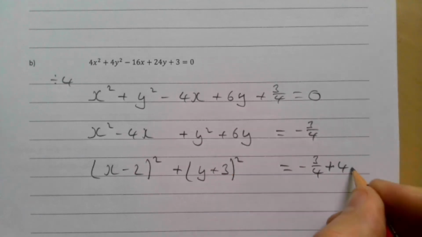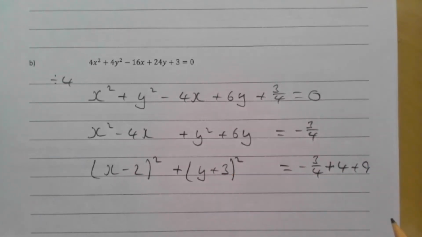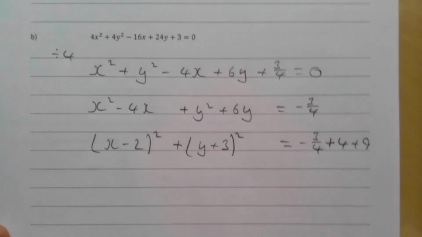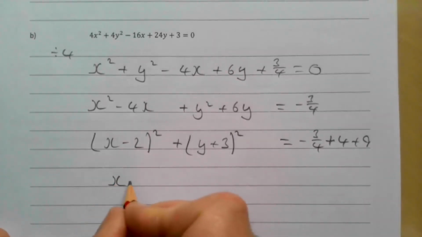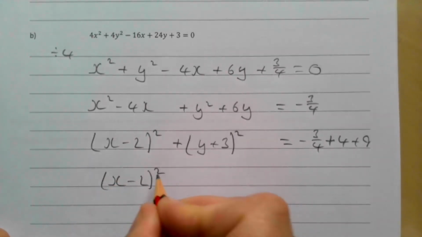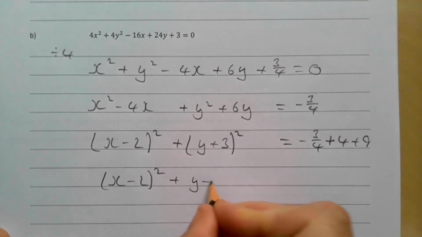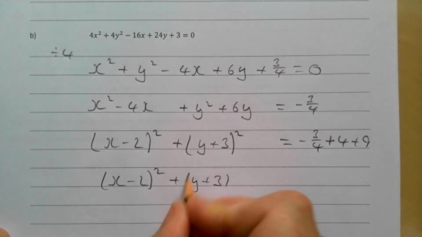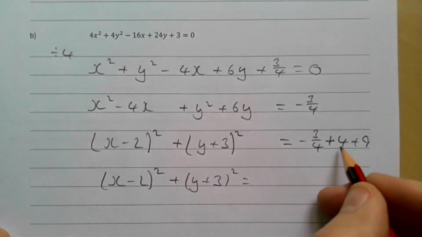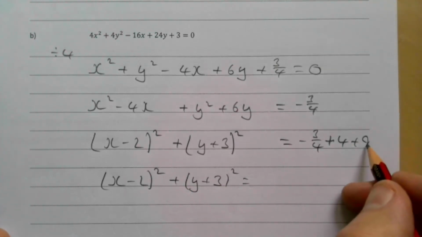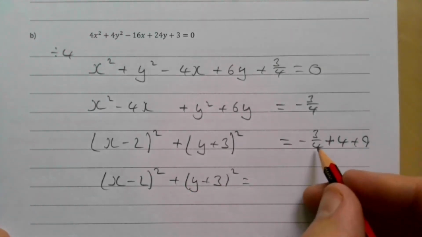This gives me an extra 9, so I need an extra 9 on this side. Tidying it up, 4 plus 9 gives me 13. Take away 3/4, which is 12 1/4.